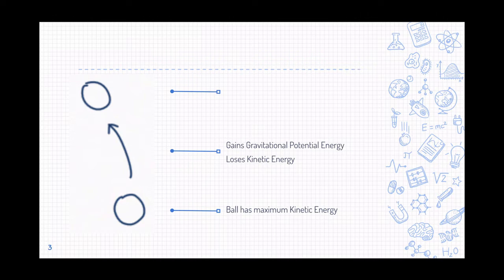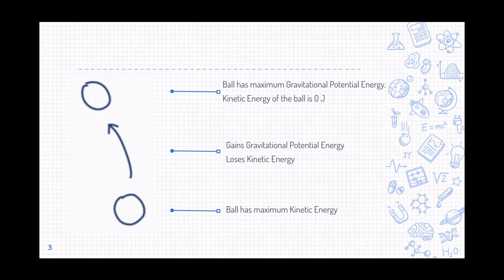As the ball travels upwards, it loses kinetic energy but gains gravitational potential energy. At the top of the arc, the ball has zero kinetic energy, but it has maximum gravitational potential energy, as all of the kinetic energy has been converted to gravitational potential energy. This is why the ball momentarily stops and starts to move downwards at the top of the arc.